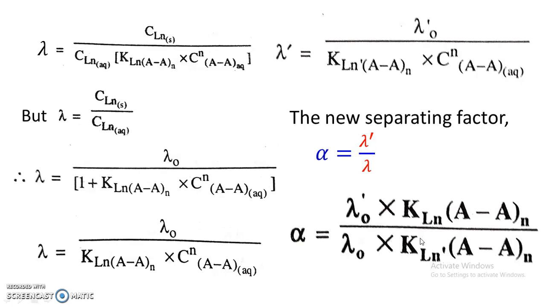Because of lanthanide contraction, size decreases from lanthanum plus 3 to lutetium plus 3, and therefore stability constants are different. The greater the difference in stability constant, the greater the deviation of alpha from unity. From this expression it is clear that the extent of separation of Ln plus 3 ions depends mainly on the stability constants of their complexes.